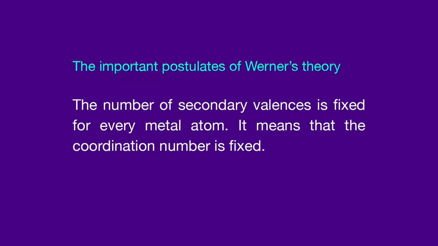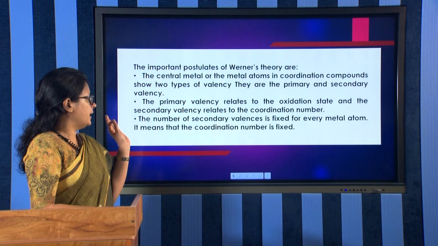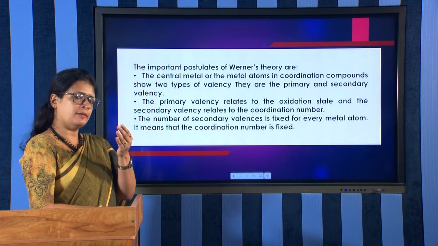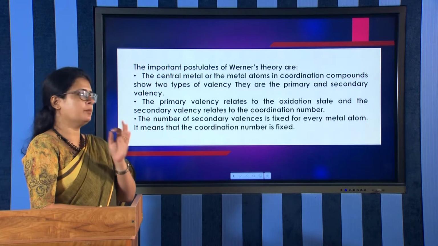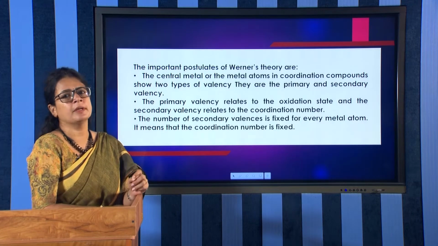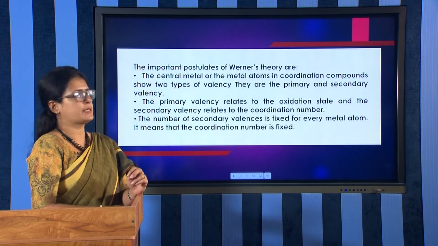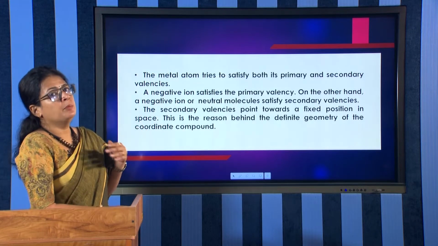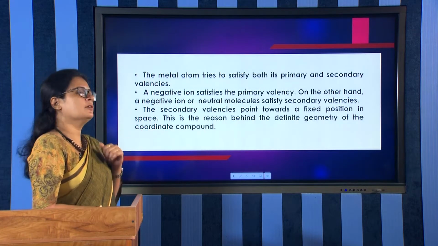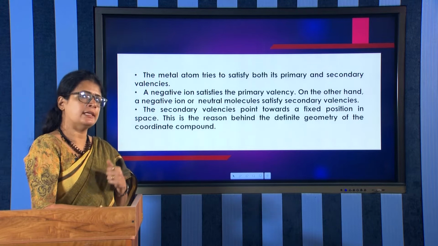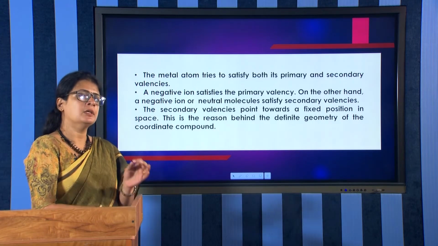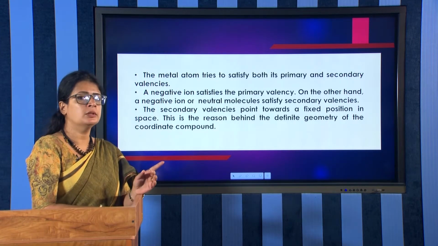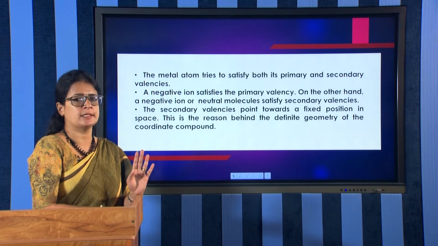So this secondary valency is fixed for every metal atom, and it relates to the coordination number. So we can say that the coordination number is fixed in a complex. The central metal atom tries to satisfy both the primary and secondary valencies.